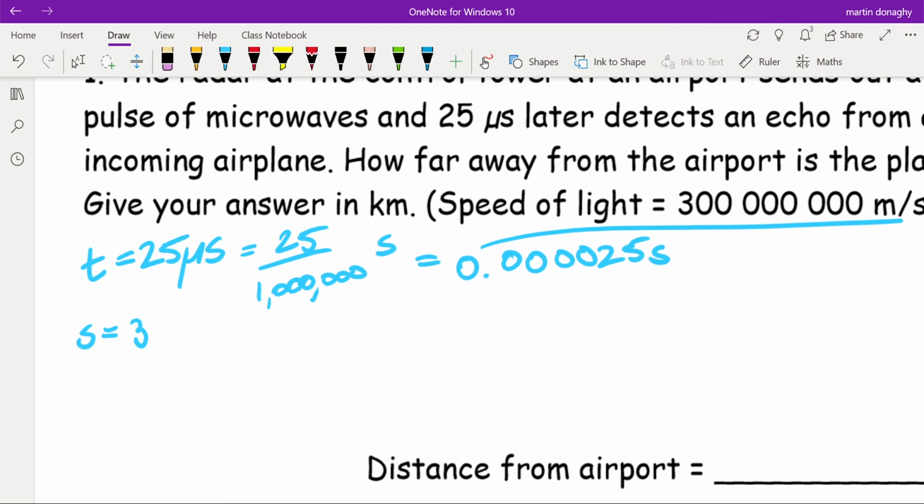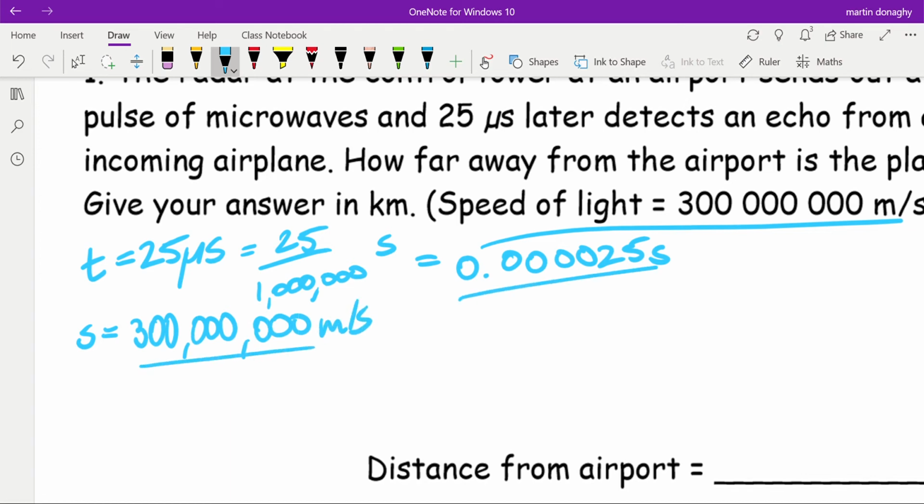The speed is 300 million meters per second. We're dealing with some very big numbers and some very small numbers here. You can type this little sum into your calculator. But what is actually much easier, if you're used to using standard form in maths, is this.